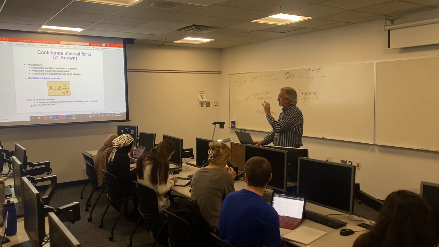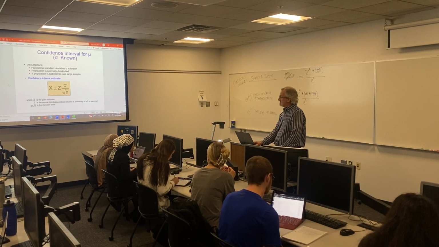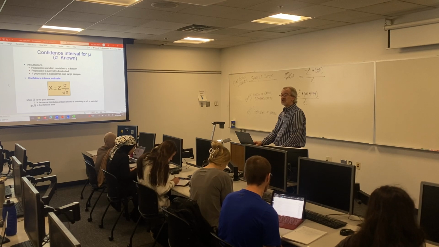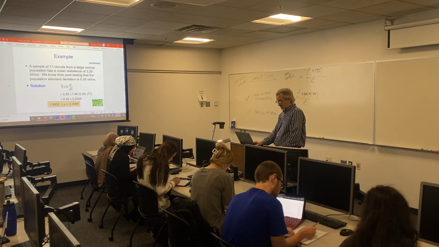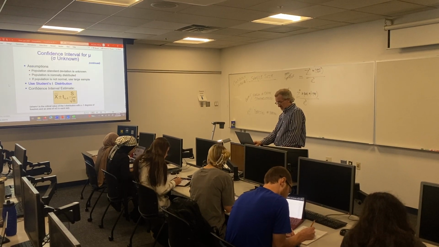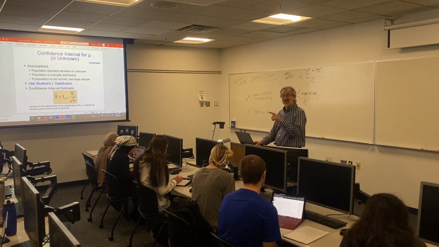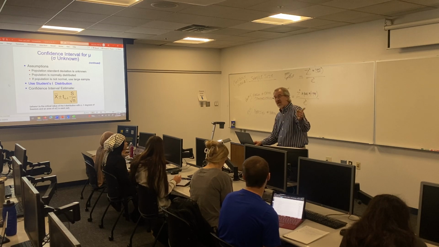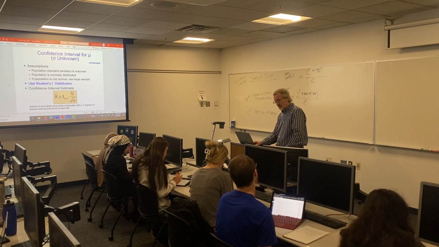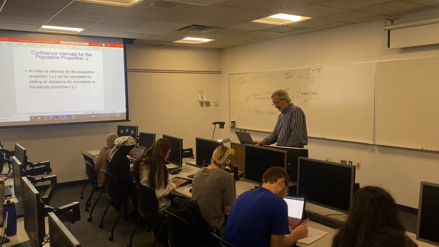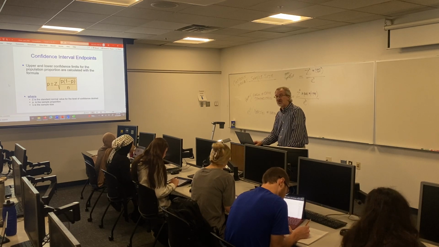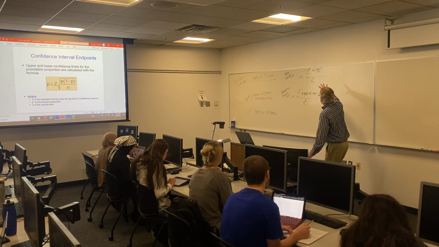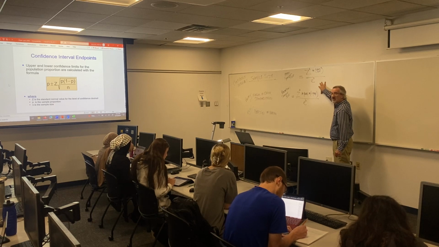Now, I want to talk about this one from week 1, which is when the population standard deviation is known, but we're skipping this one where the standard deviation of the population is unknown because we have the standard deviation of the sample. So we're skipping this one, and we're talking about the proportions, when it comes to these 2 formulas today.